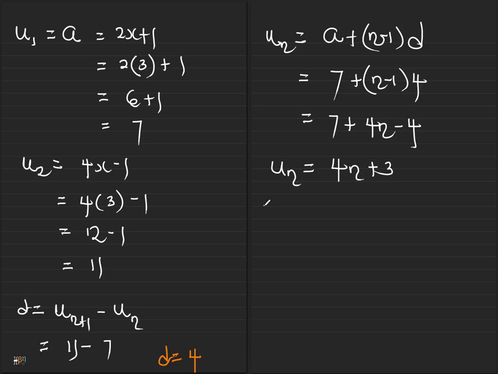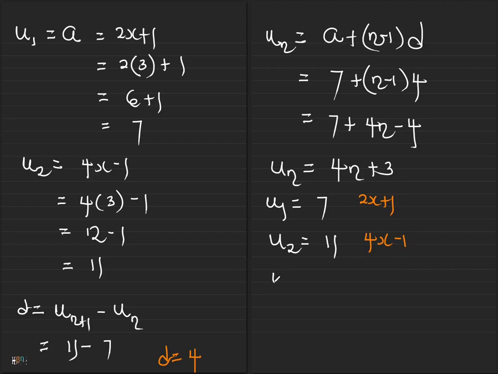So if you want any term, we can substitute into this formula, 4n plus 3, to get the term. Now, we already have our u1, the first term, which is 7, and that was what was given as 2x plus 1. We also have our second term, which is 11, and that was given as 4x minus 1.